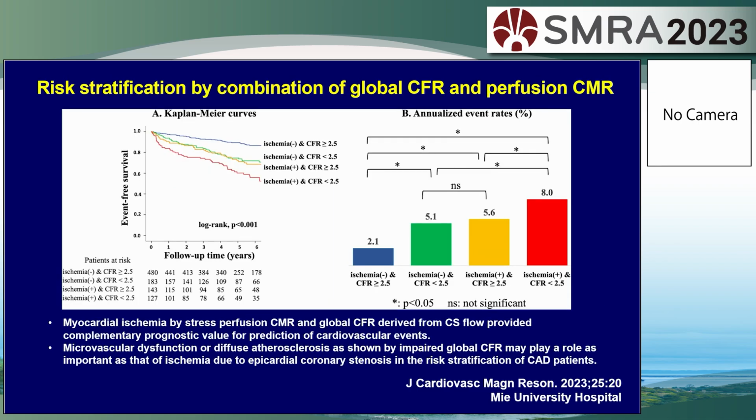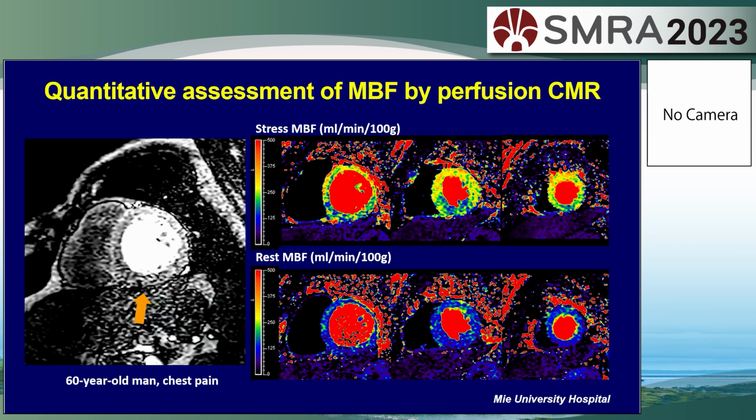Regional ischemia and global reduction of coronary flow have complementary information for risk stratification, because regional ischemia is mainly caused by stenosis in the epicardial arteries, and global reduction of the CFR is closely associated with coronary microvascular dysfunction.